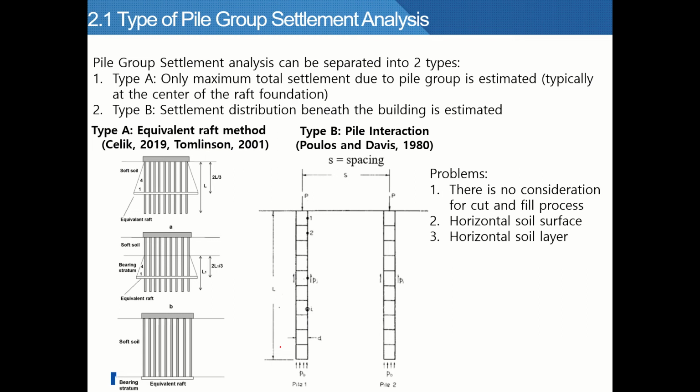It's just that now construction is getting more complicated. There are a lot of cut and fill processes involved. And when we want to consider the effect of cut and fill, perhaps the conventional method has some limitations to cover that process.